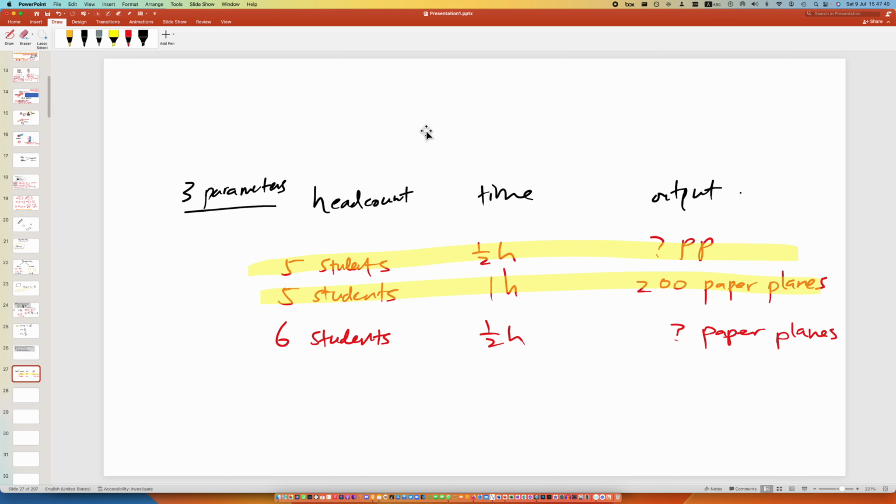Head count, time, output. And for the first question, why is it so easy for you? Because the head count is the same. The time is different. So that means for questions that you have one same, one different, it's very easy to find the last one. Am I right?